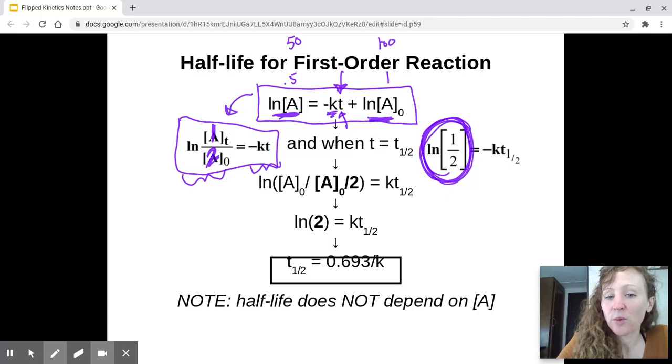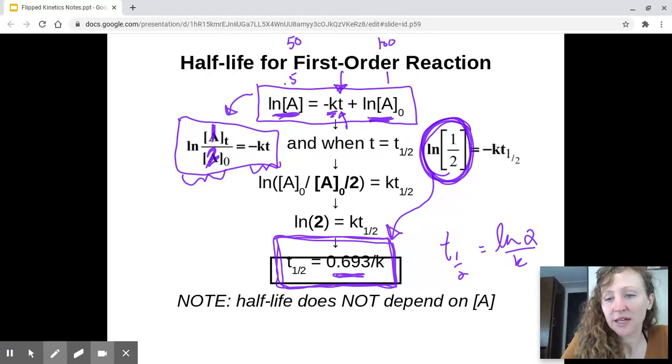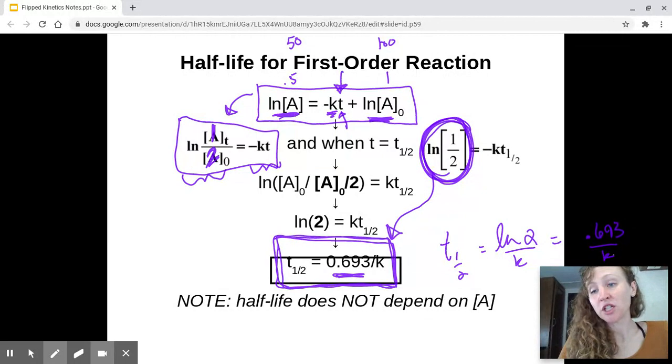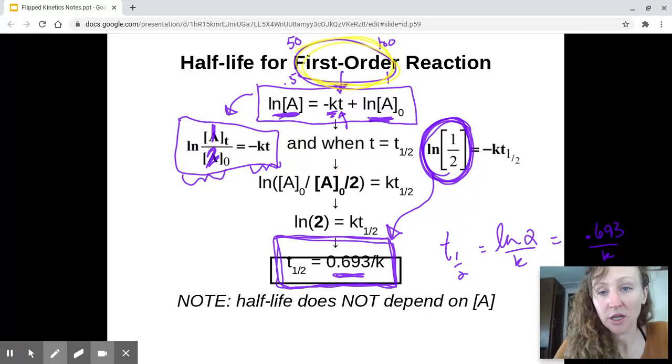And so what we get is this relationship between half-life and K. So we can solve this out, and we get the half-life, T half, equals natural log of 2 divided by K, or you can plug in that actual number of 0.693 divided by K. So as long as you know the K for your reaction and it's first order, note, it's a super important note, this is for a first order reaction because we are using the first order integrated rate law, right?